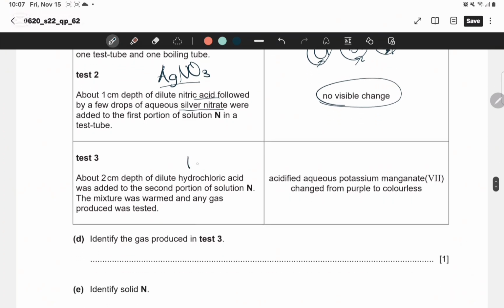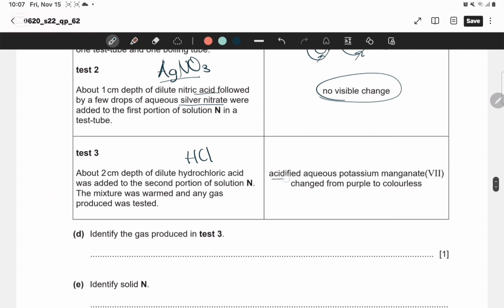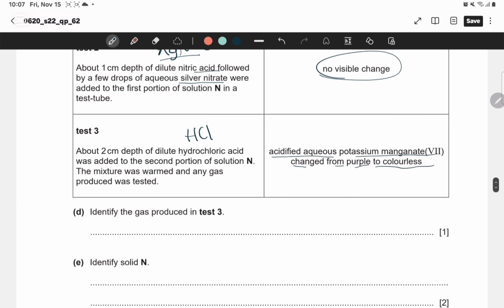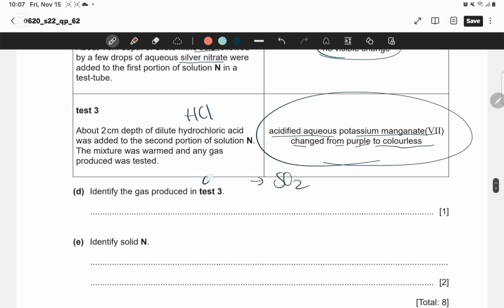In test 3 they added HCl, and then they got acidified aqueous potassium manganate that changed from purple to colorless. So there's only one thing that does this. It's SO2. Okay, and how do we get SO2 when we add an acid? From SO3 2 minus. So SO3 2 minus and acid release SO2, which is a choking smelling gas that decolorises KMnO4 from purple to colorless.